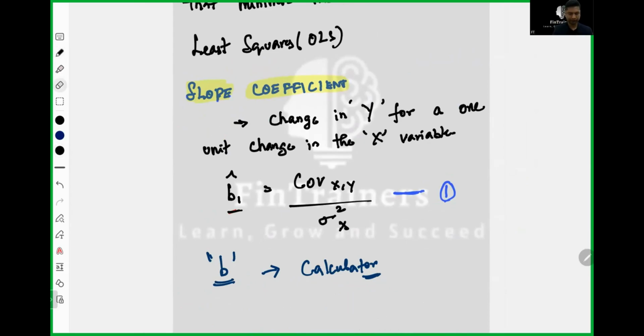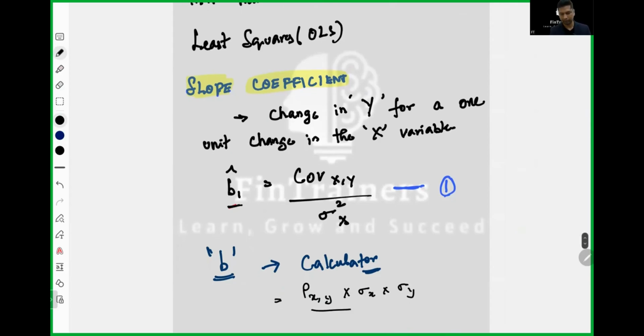Now, covariance of x comma y, how can we write that using correlation? It's rho x comma y multiplied by sigma x multiplied by sigma y divided by sigma squared x. So you cancel this out, it will become rho xy, the correlation, with the standard deviation of the dependent variable divided by the standard deviation of the independent variable.